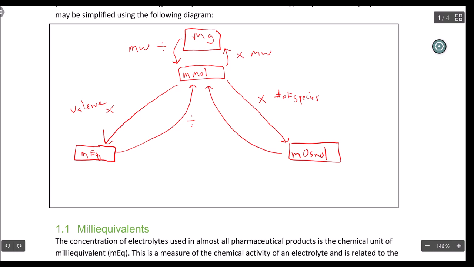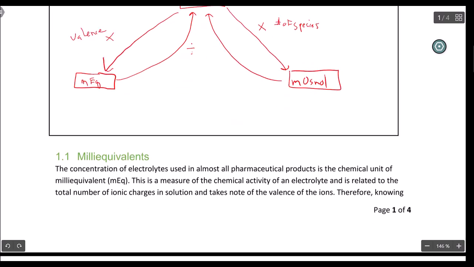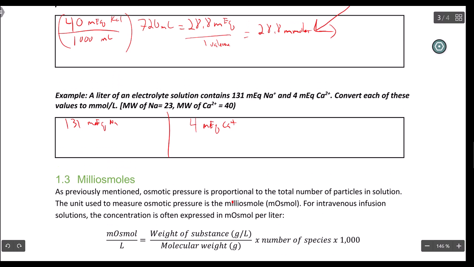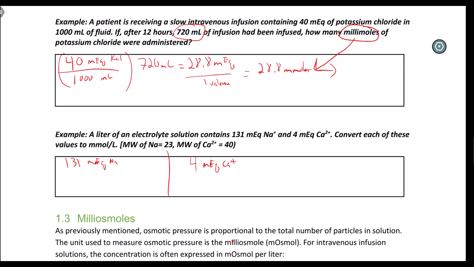What is the valence of sodium right here? Well, the valence is total number of positive and negative. Total number of positive is 1. I divide this by 1, and what do I get? Lo and behold, it's the same number. 131 millimoles is going to be equal to 131 milliequivalents of sodium chloride.